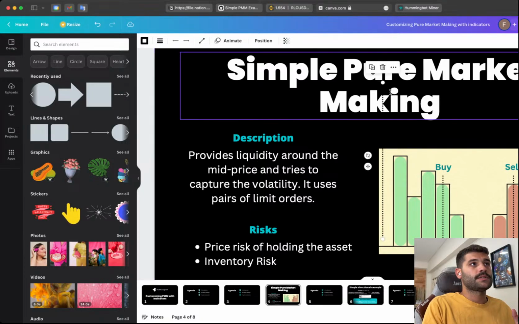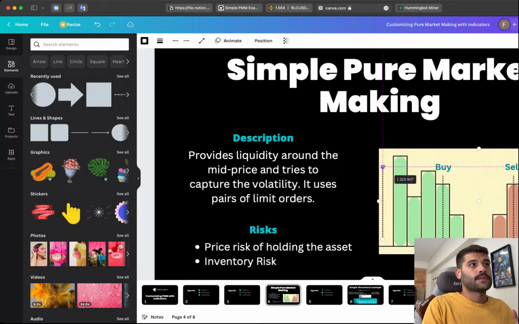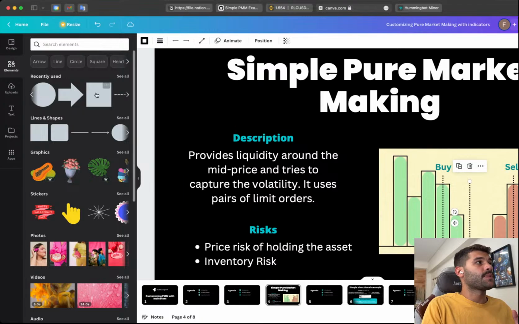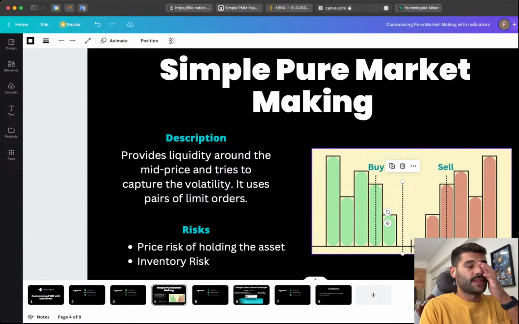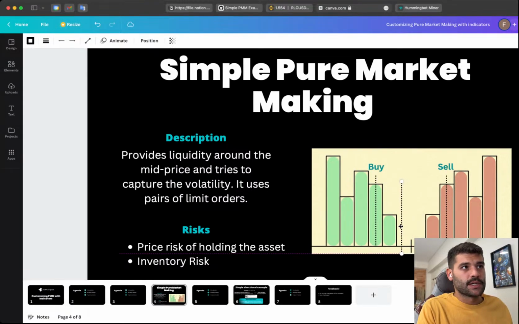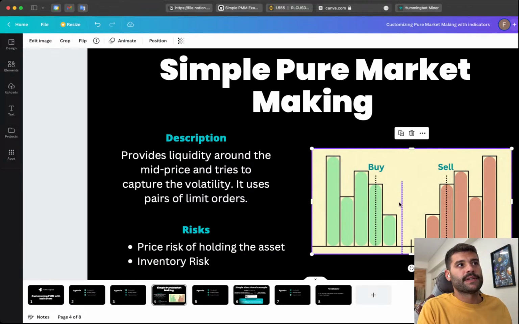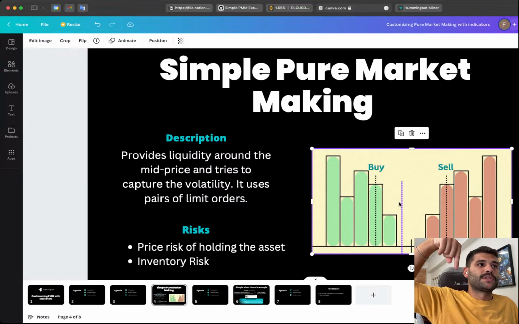It will be something like this. So instead of using the mid price, the reference price, as the average of the best ask and the best bid, we're going to shift this price in this direction if the RSI is high. That means that it's oversold.